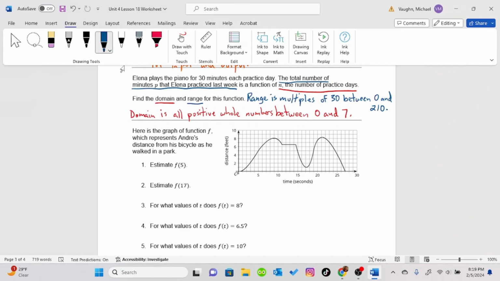Because she is playing piano for 30 minutes each day she practices, so the least amount of time that she can practice is 0 if she practices no days, and the most she can practice is 210 minutes if she practices all 7 days, and we must have multiples of 30 because it says that she plays 30 minutes each practice day. So we could not have any numbers in between those multiples of 30.